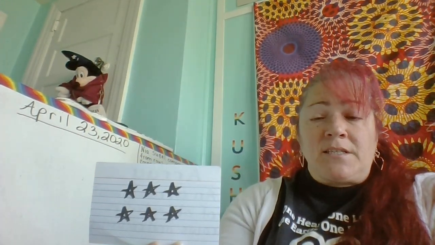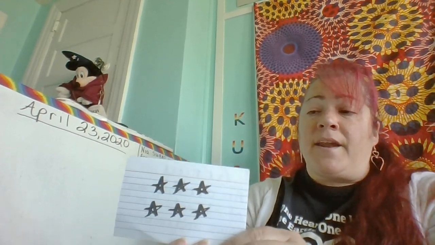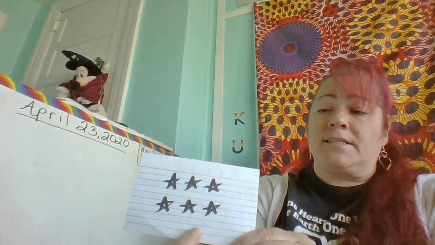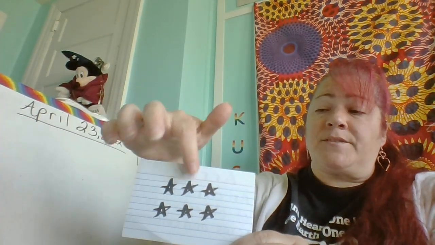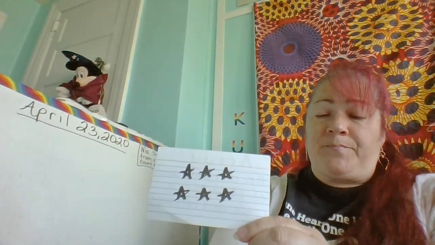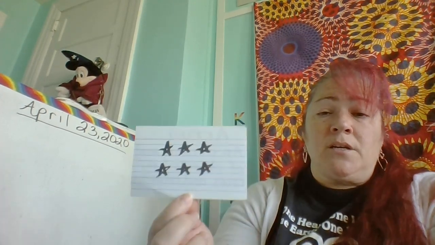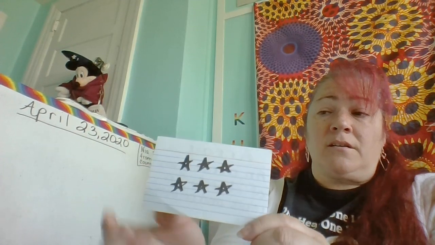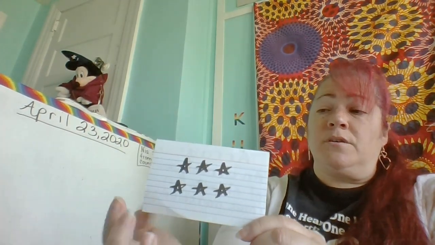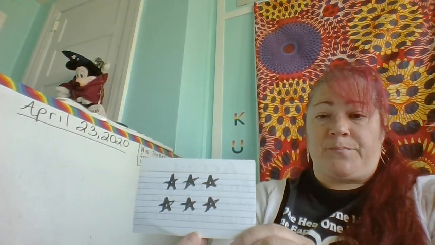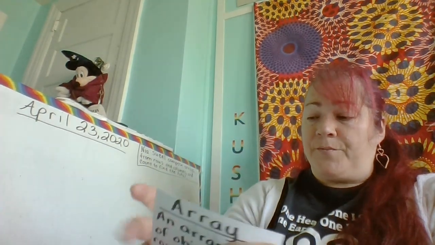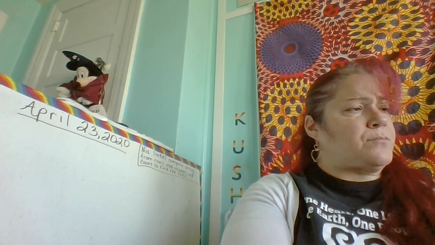I have 6 stars, and I have them in rows, these going across, and columns, going up and down. This is just what we did when we were making our equal groups. We put them in rows and columns.